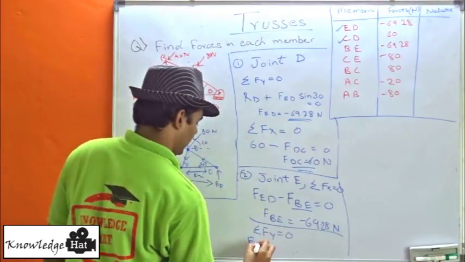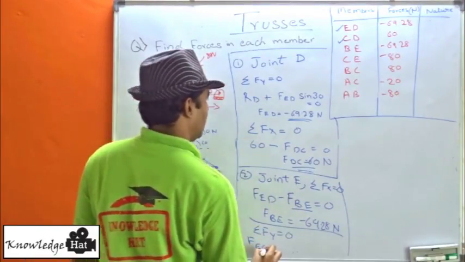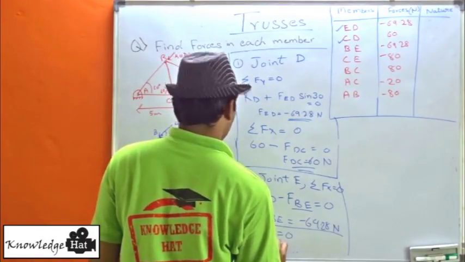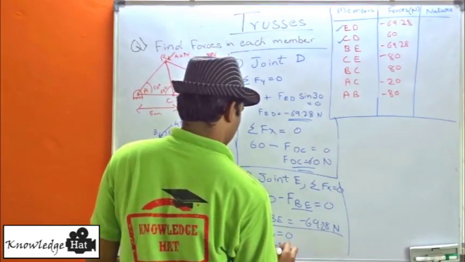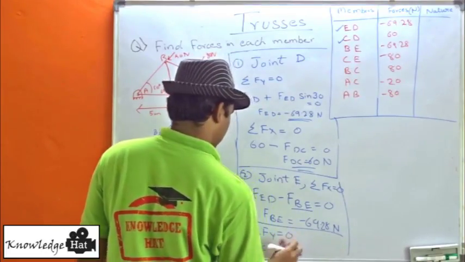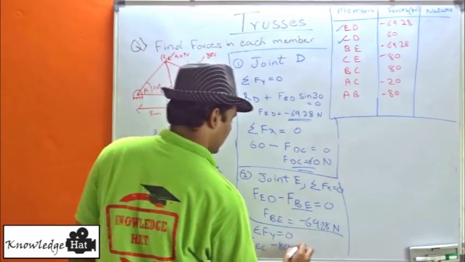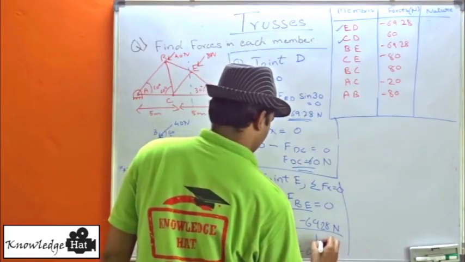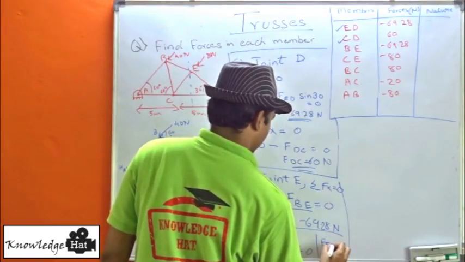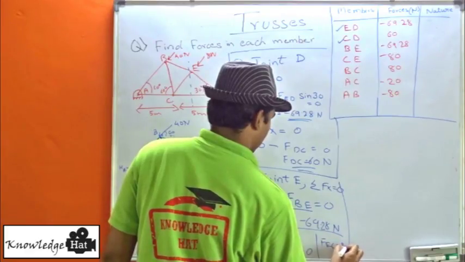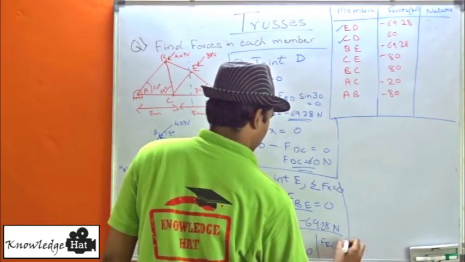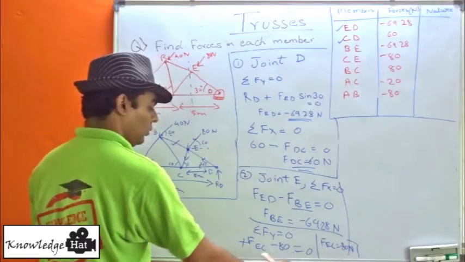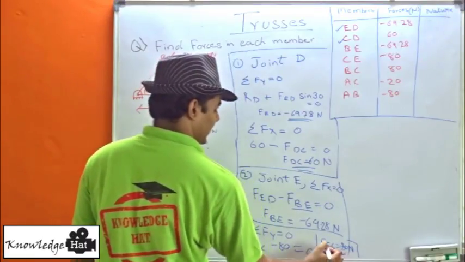So F of EC plus 80, actually, this is this way. Equating it to 0, we get F of EC equal to minus 80 newtons. So we get two new data here, F of EC.